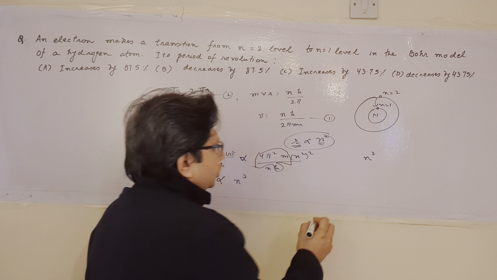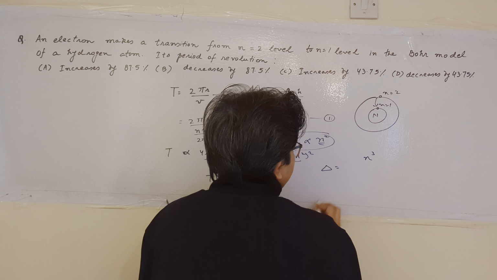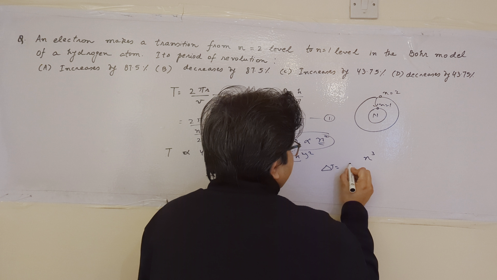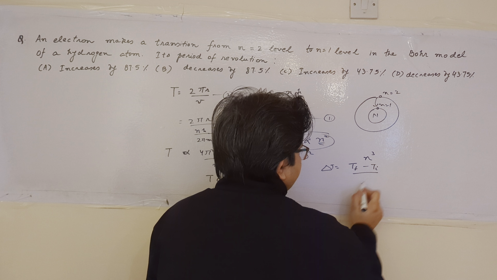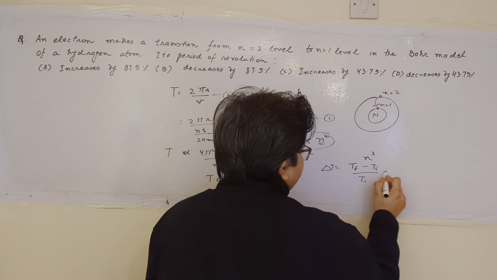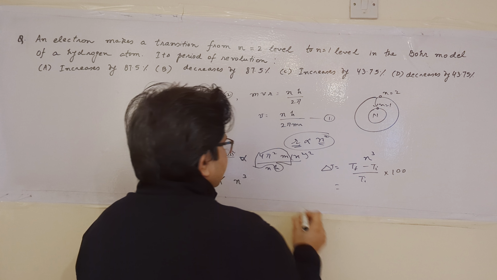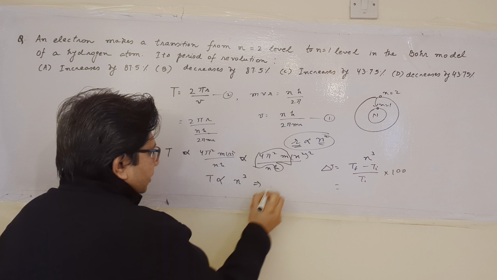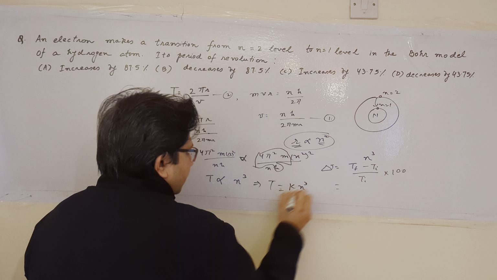Now we have to find out the change in the time period of revolution. So the change in time period is given by the final time period minus initial time period upon the initial time period into 100. Let us call the constant as k, so T equals k n cube.